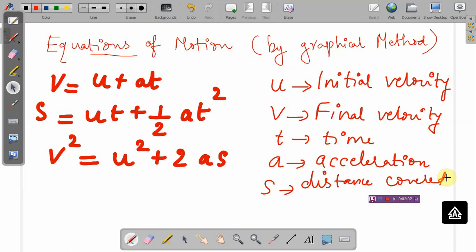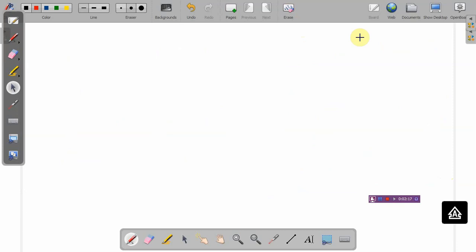So let me go to the first equation of motion, that is the velocity time relation. The first equation of motion is called the velocity time relation, right?